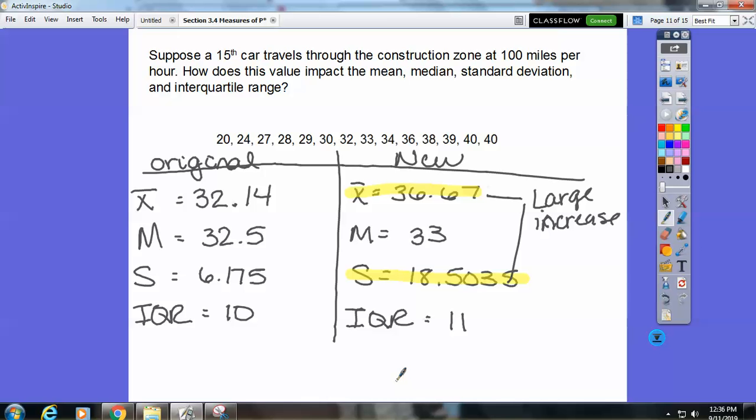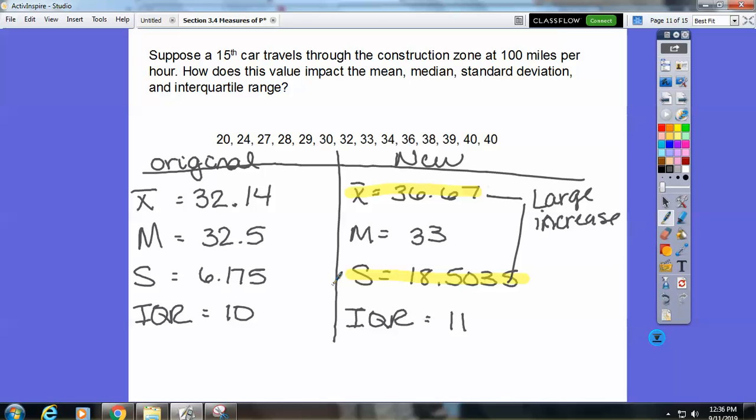If all of our data was somewhat similar, the mean was better. Now we can extend that to standard deviation and interquartile range. If your data is bell-shaped, standard deviation is going to be the best. But if you have an outlier, your standard deviation changed drastically because of one speed.